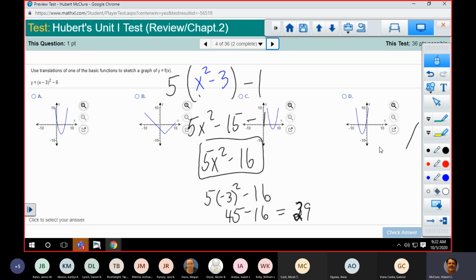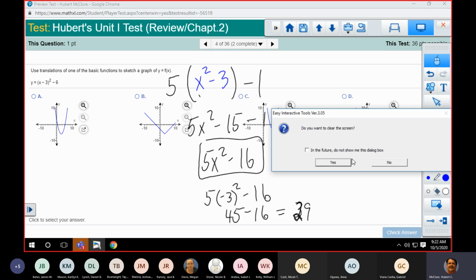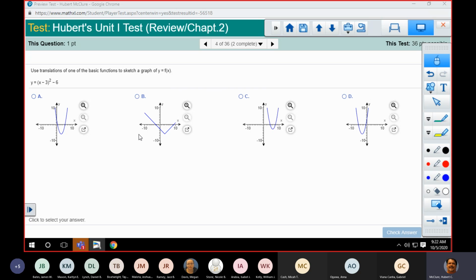Oh, here's the ones I love to put on the test because they're short and sweet and to the point. I need a vertical shift of -6 and a shift to the right of 3. So, it's going to be a parabola, so that takes out this one.